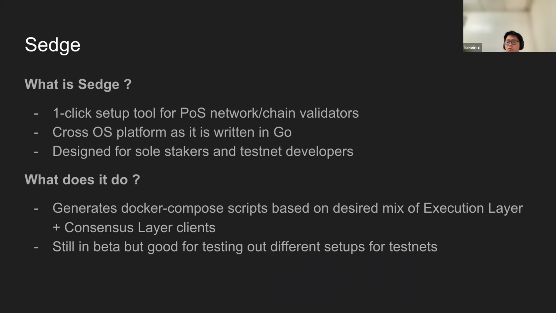Of course, if you are a developer or just curious, you can still run it. If you're not doing validation, just like me, you can just run the execution layer and consensus layer, and you can probably hook up to graphs and whatnot. It's written in Go, so that makes it cross-platform because it can be compiled to Windows, Linux, and Mac binaries.